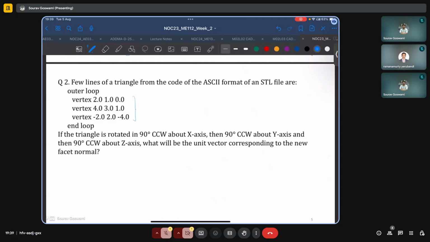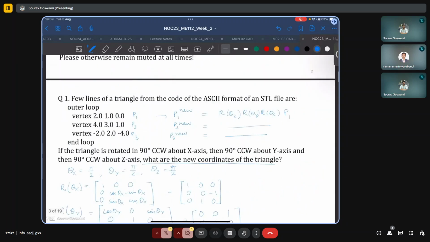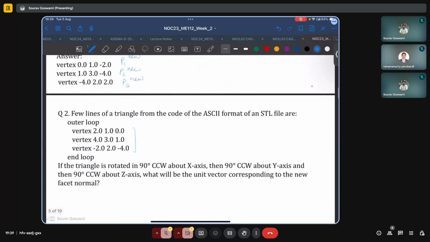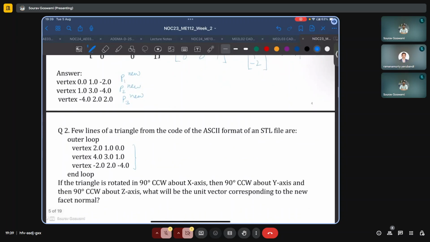The funny thing is that the vertices are the same as given previously, so we already know what the new set of vertices looks like after undergoing this rotation. The new vertices are (0, 1, -2), (1, 3, -4), and (-4, 2, 2).